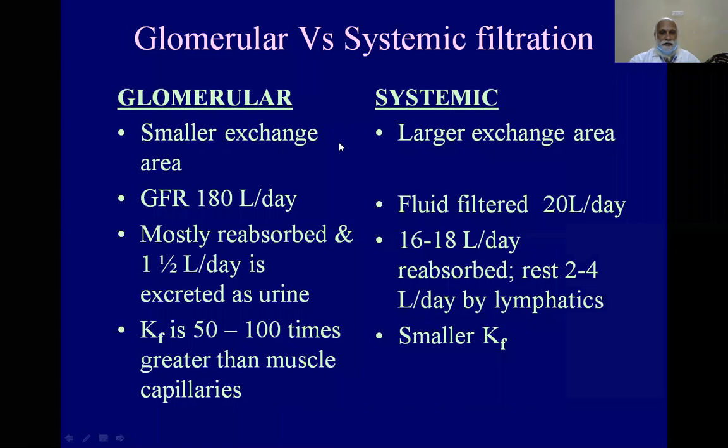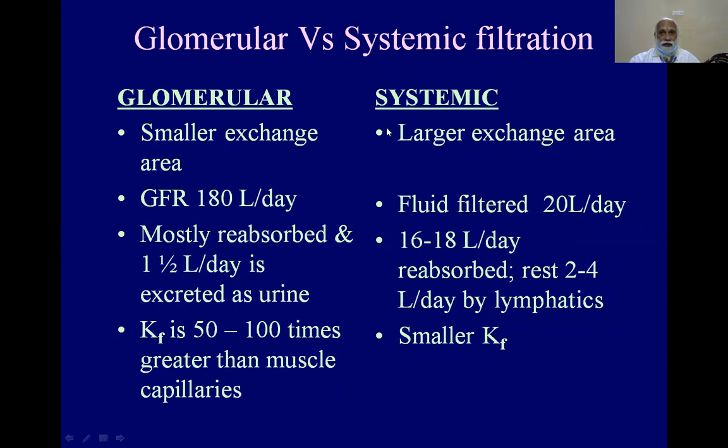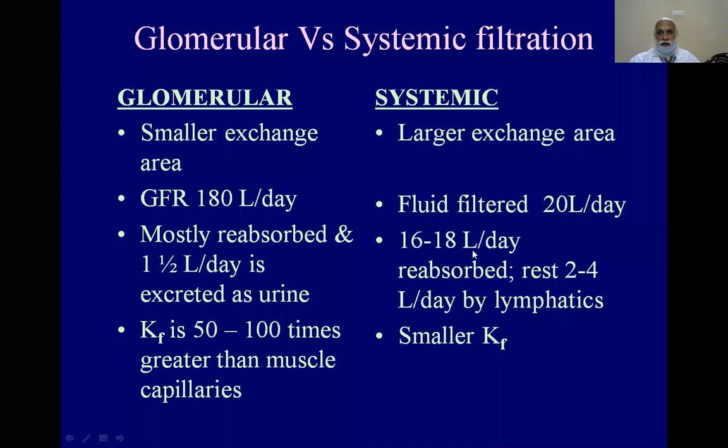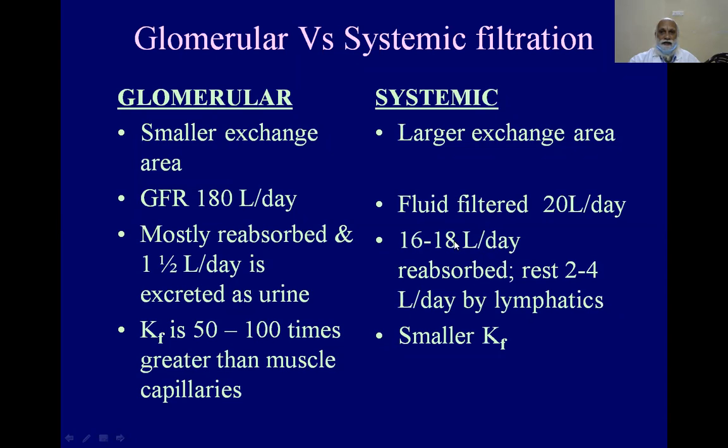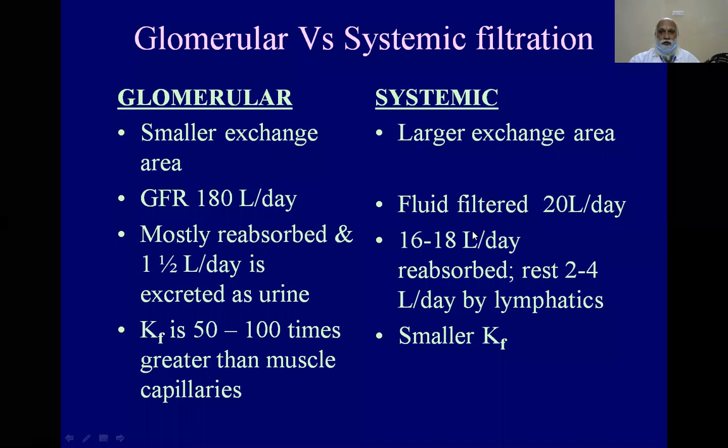And we now come to a comparison between glomerular versus systemic filtration. We have capillaries in both: glomerular capillaries versus systemic capillaries. Smaller exchange area here, obviously, but in the systemic the whole body except lungs has a large exchange area. But if you look at the rate, it is 180 liters per day here, and just 20 liters per day in the systemic filtration, but most of it is taken back into the system immediately as blood flows.